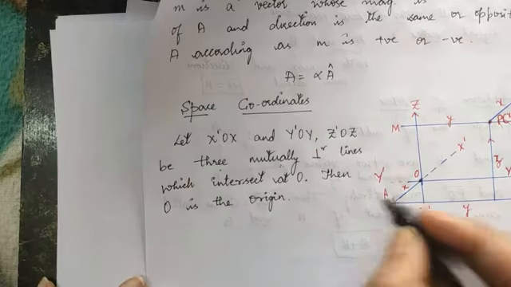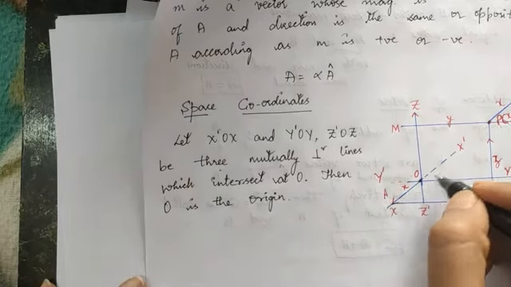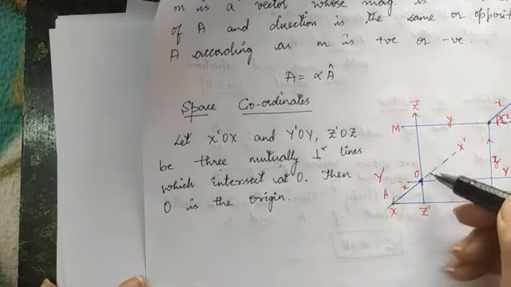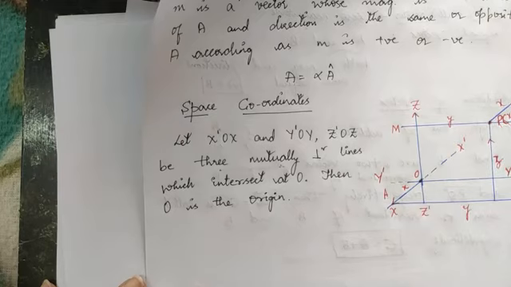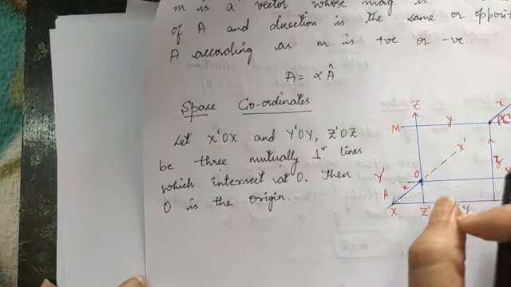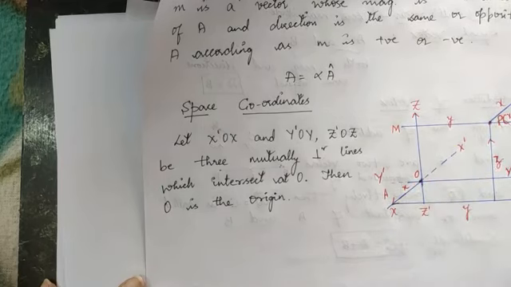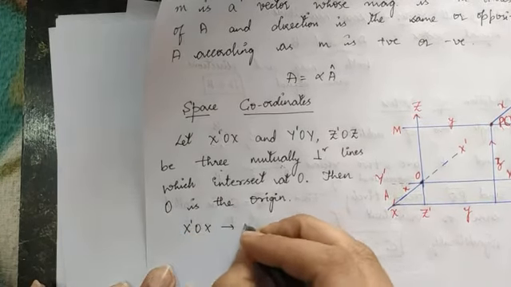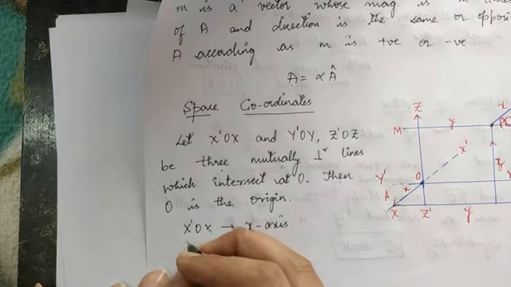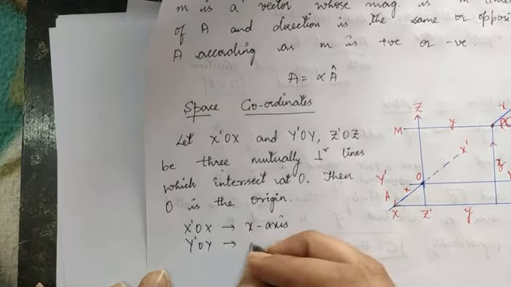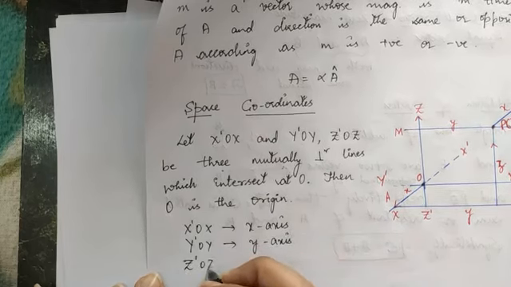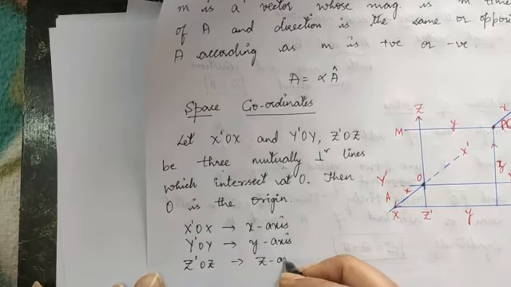X'OX is called the x axis, Y'OY is called the y axis, Z'OZ is called the z axis.